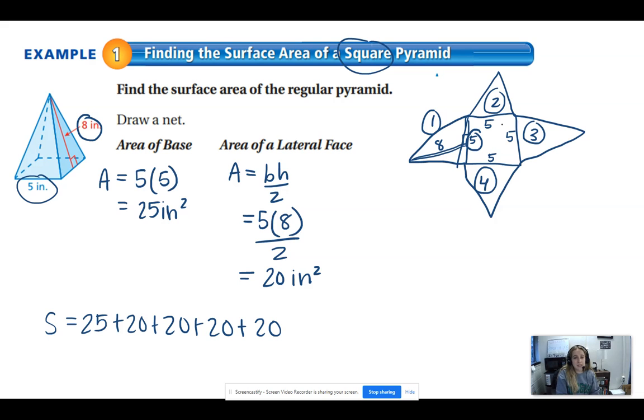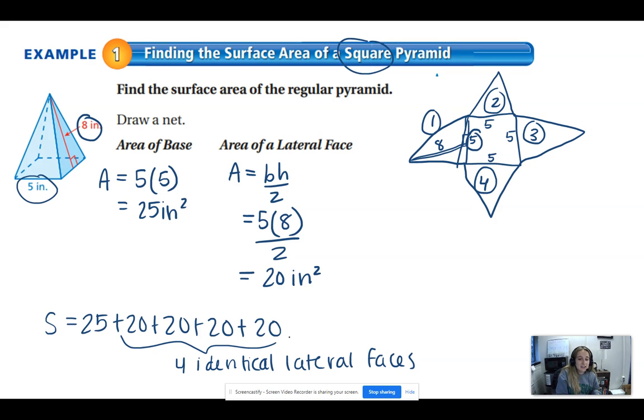So we add them all together. That's going to give me the surface area of the whole shape, okay? I do this because there are 4 identical lateral faces. All right, and I add those all together and I get 105 inches squared. And that is the surface area of the square pyramid.